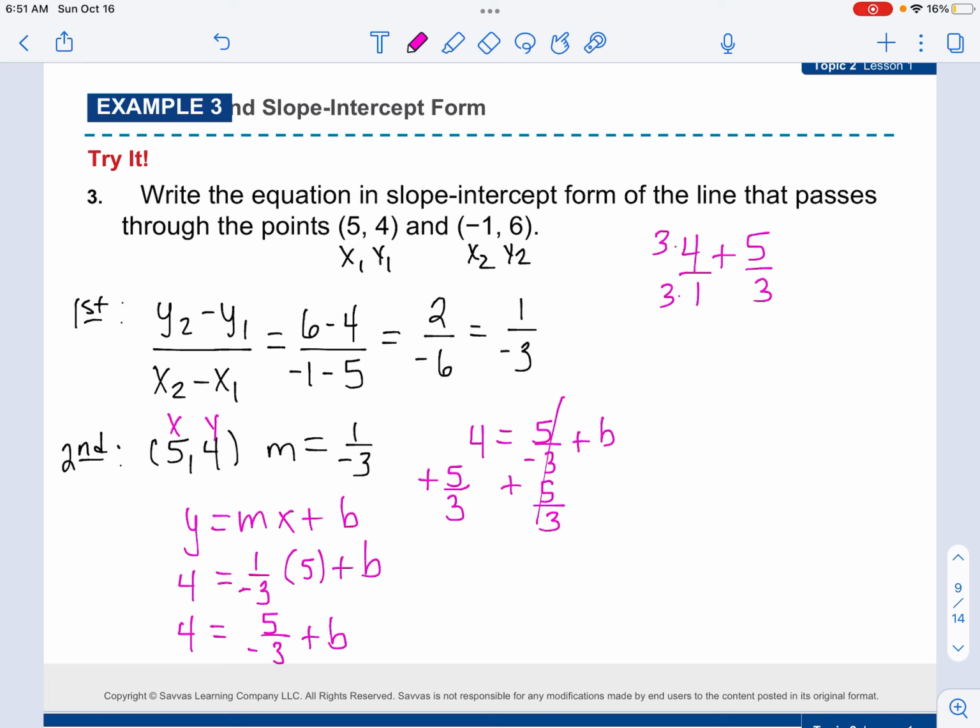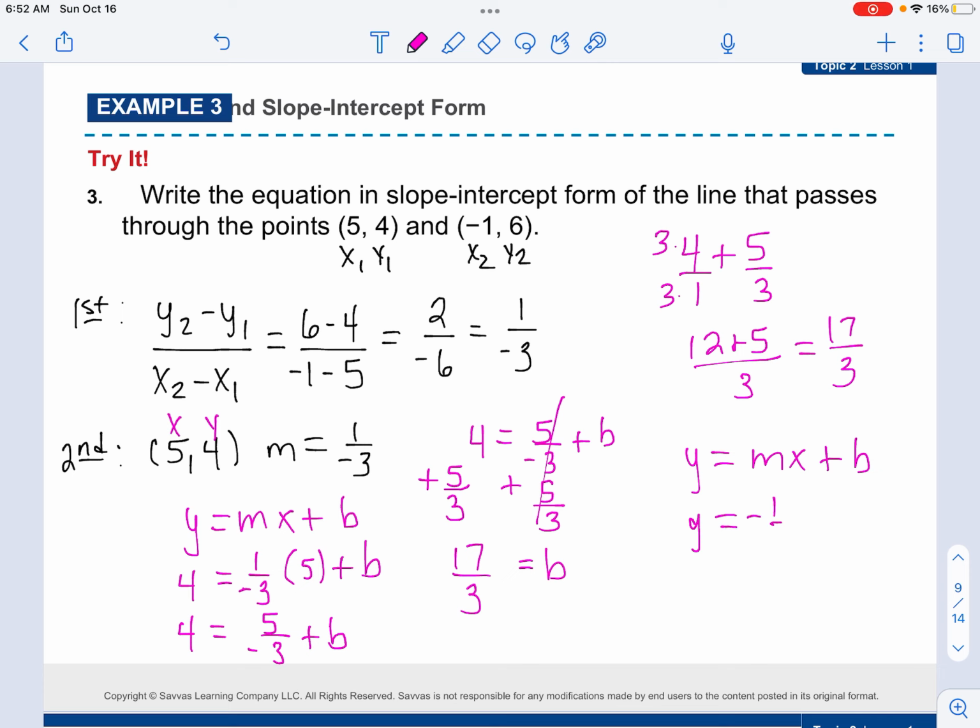Get denominators the same. We end up with 12 plus 5 all over 3, which is 17 over 3. So b equals 17 over 3. So in our slope-intercept form, y equals mx plus b, y equals negative 1 over 3x plus 17 over 3.